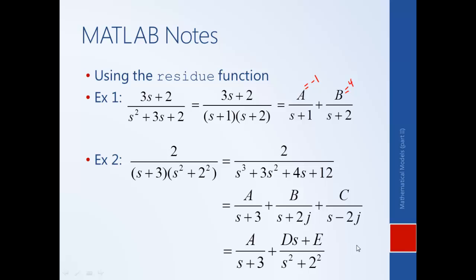When we employ MATLAB, the form of the solution will be given in this form, case 1. So we will get 3 residues A, B, and C. But we can again use MATLAB to rearrange it back into this form.